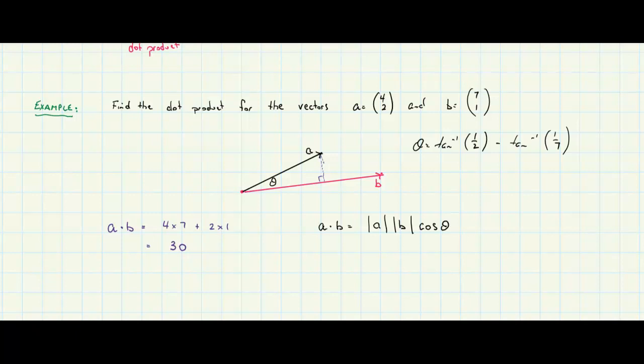This is going to get it for us very quickly. So the dot product is quite powerful in terms of what information it can deliver to us.